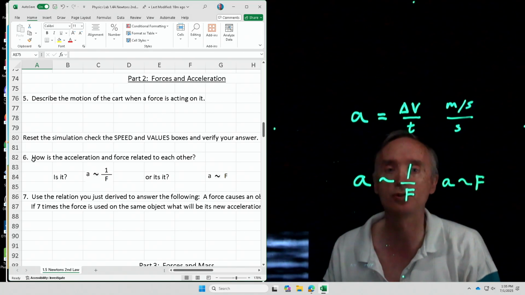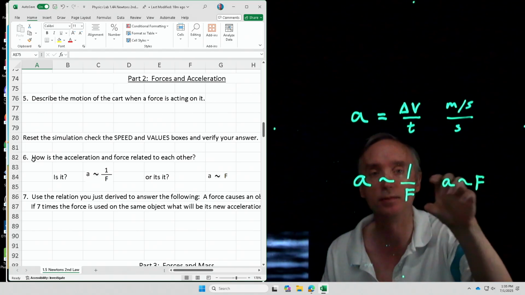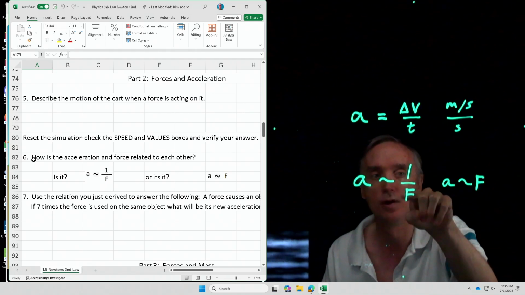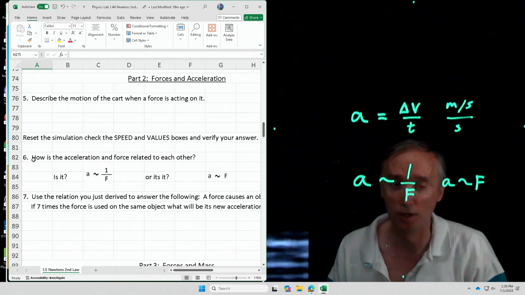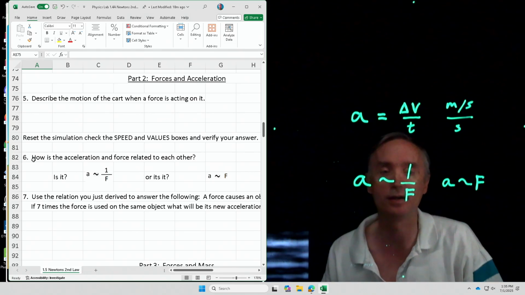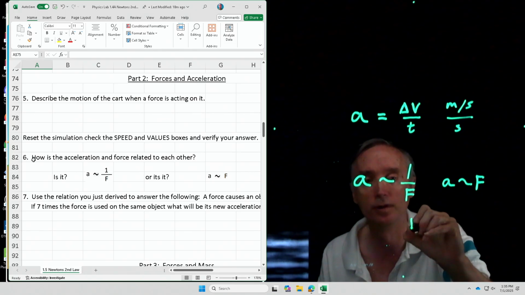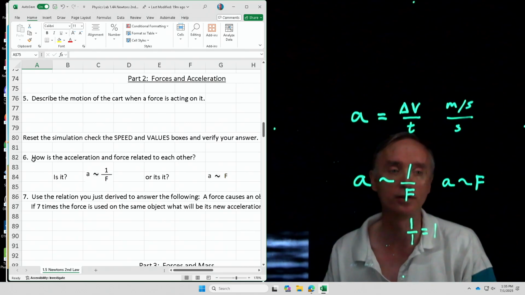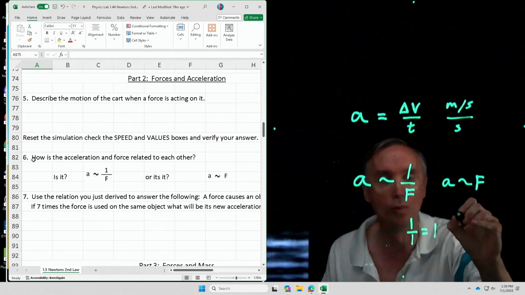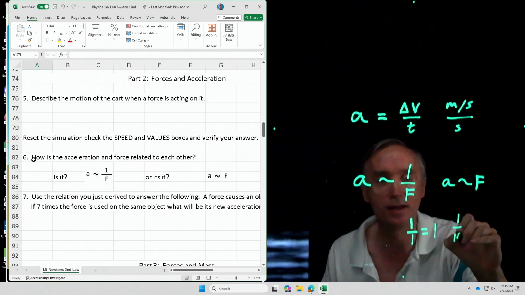So the question is, should the F be on the bottom part, the denominator, or should it be on the top part, the numerator? And so you have to remember the idea that 1 divided by 1 is equal to 1. Well, that's not very difficult. But what's 1 divided by 10?